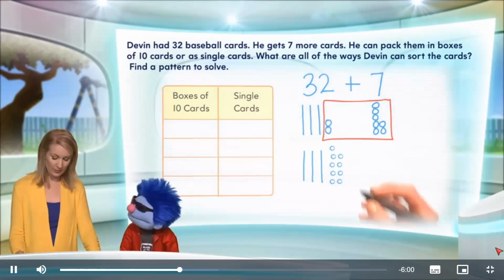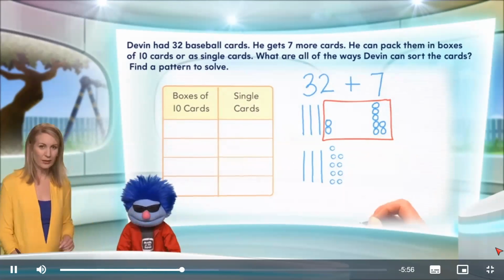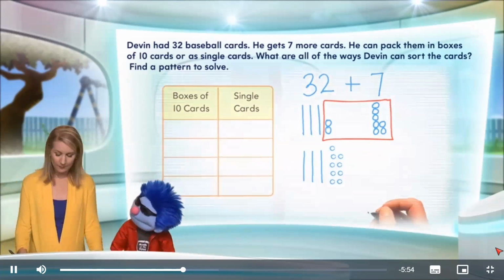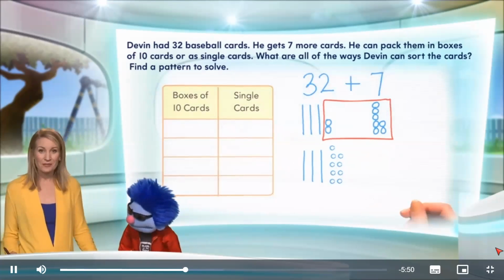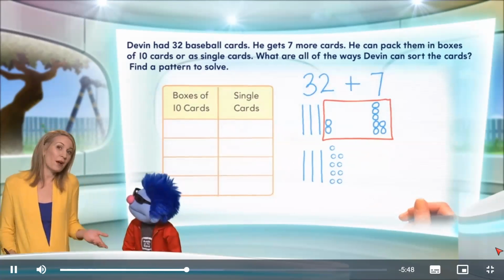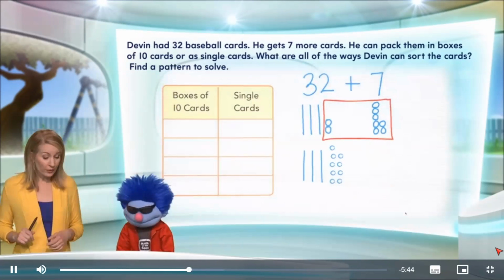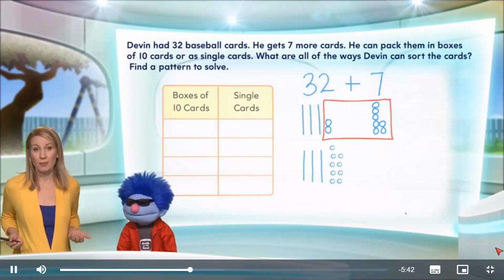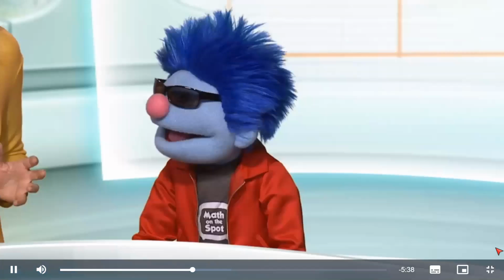It's 9 ones. You can see we can count it all over again, but yep, that is 9. All right. Now let's go to the table. There are many ways Devin can organize his cards. He could put some of them in boxes, put the rest of them in just a stack of singles, or he could put none of them in boxes and put all of them as singles. There are lots of different ways.